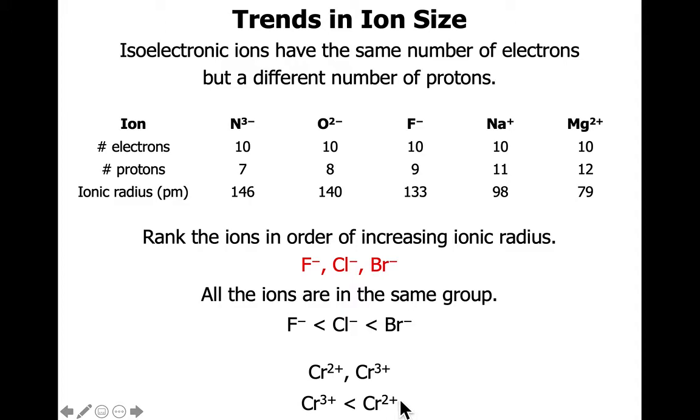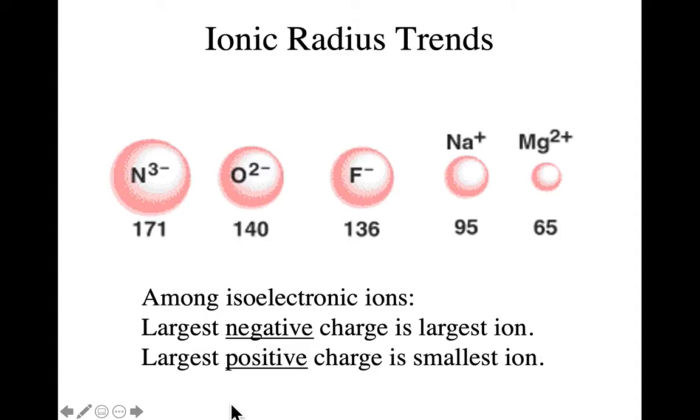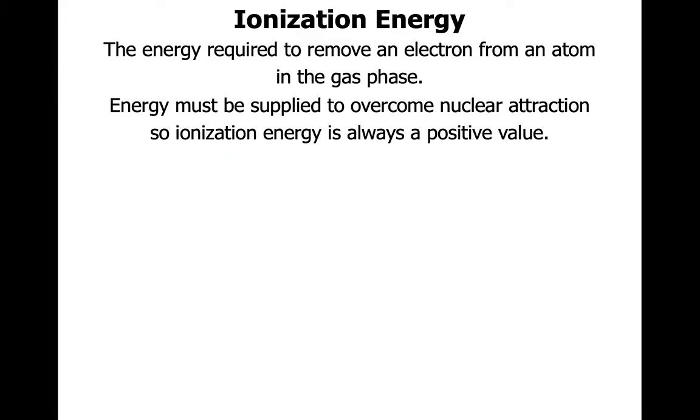So chromium 2 plus is significantly larger than chromium 3 plus. Okay, just restating that again, the isoelectronic part. A special case where we have an isoelectronic set, the largest negative charge is on the largest ion, the largest positive charge is the smallest ion.